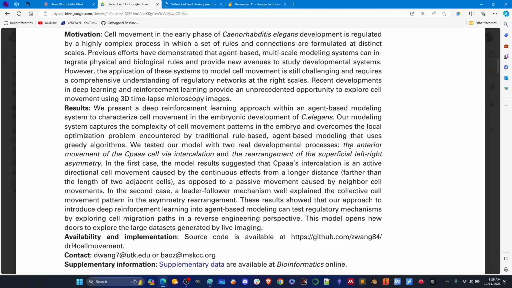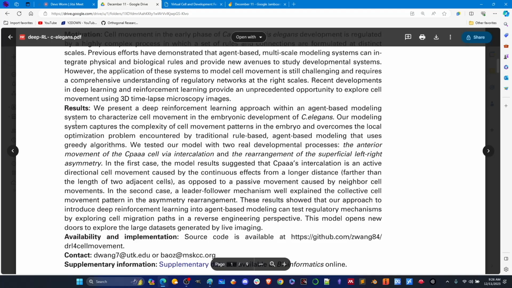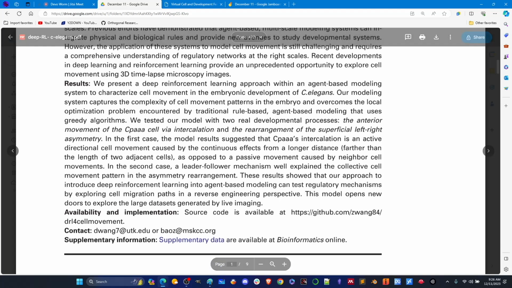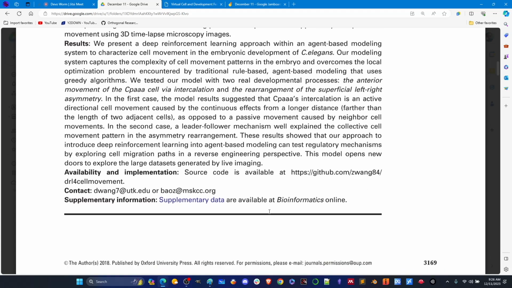This model opens new doors to explore the large data sets generated by live imaging. So this is the whole point of this, was to have a model for live imaging data to get some of this real-time process down. And it gives us a little bit more flexible approach to this.